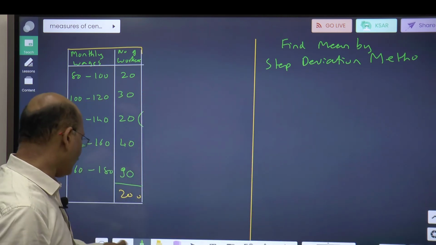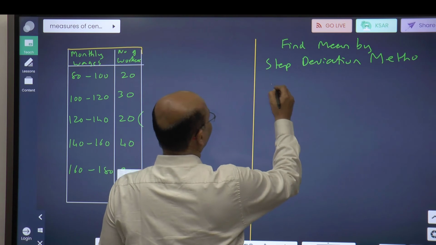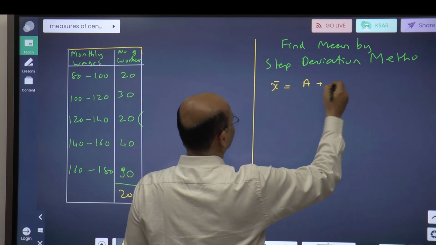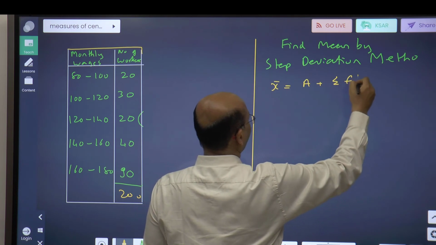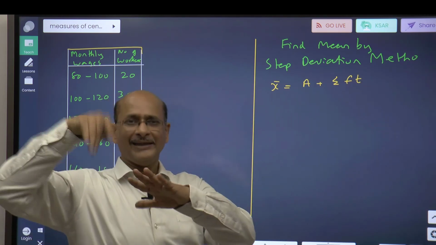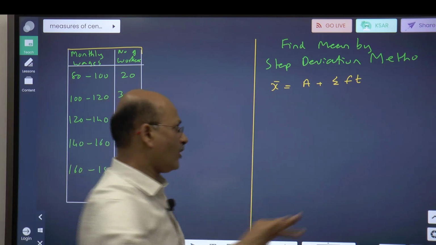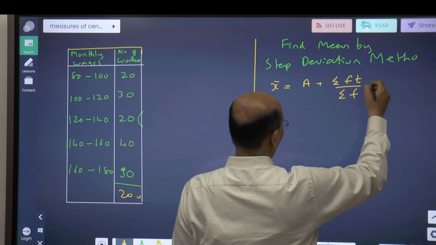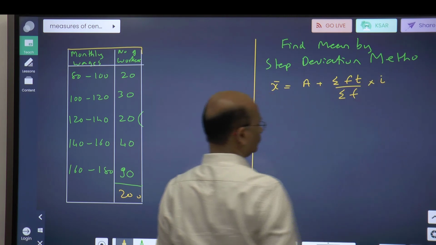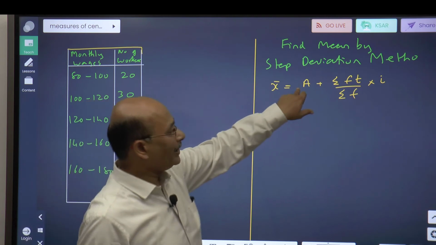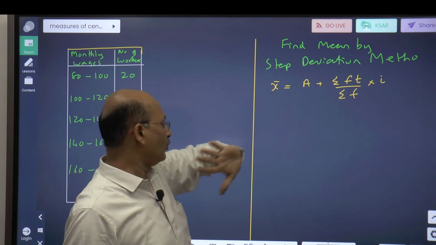So the formula for the step deviation method is x bar is equal to a plus sum of ft upon sum of f, into i. In your textbook it is given as t, some textbooks say d dash, any notation is no problem. Now you might say, we know what f is, and a stands for assumed mean, I have no problem.